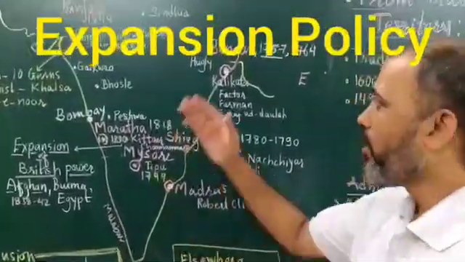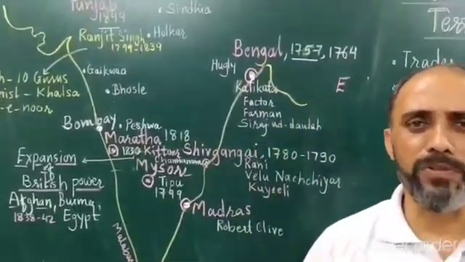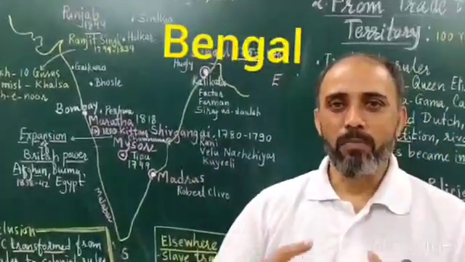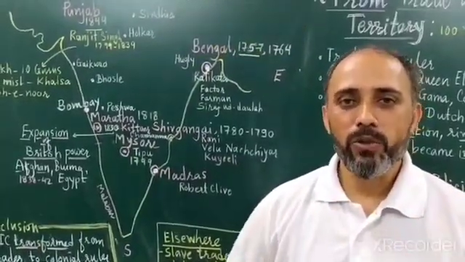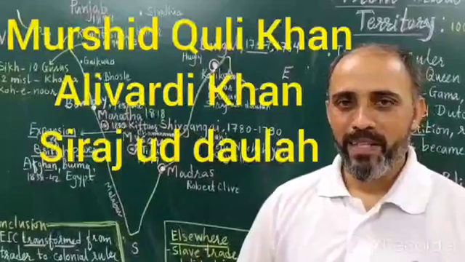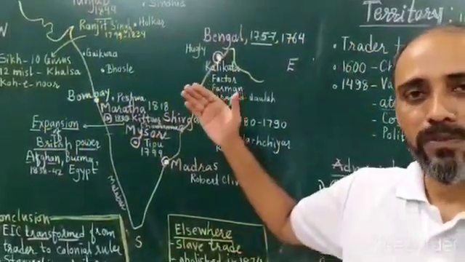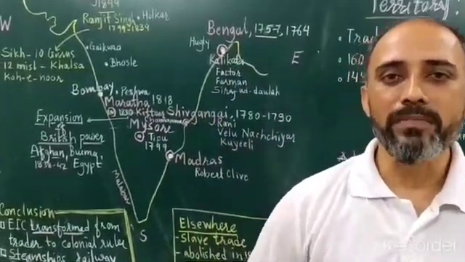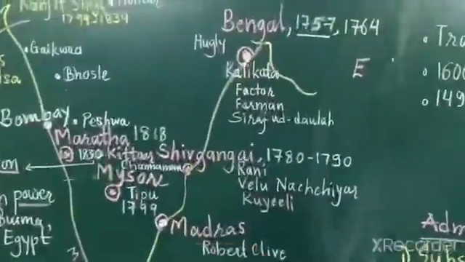Let's see Bengal. Bengal, which was once a very rich province, was ruled by the Nawabs of Bengal: Murshid Quli Khan, Alivardi Khan and his son Siraj-ud-Dawla. When the British started concentrating on this province, they first built Fort William in Calcutta on the river Hooghly.